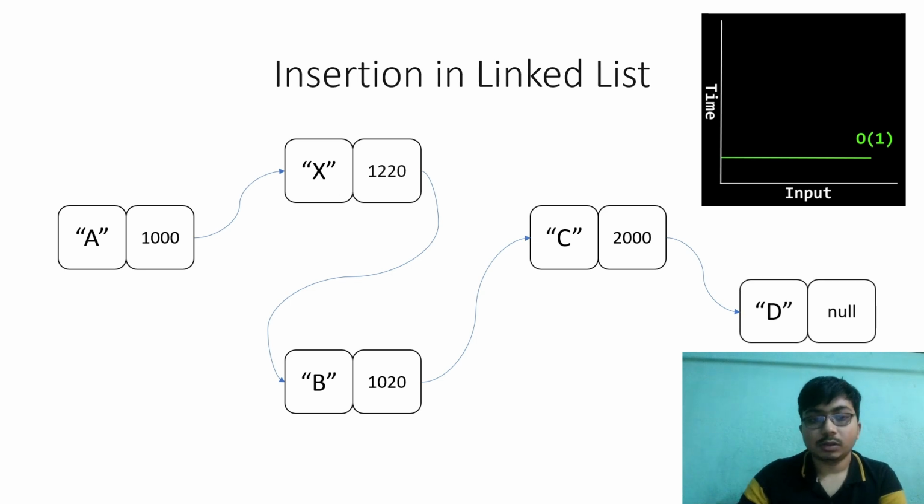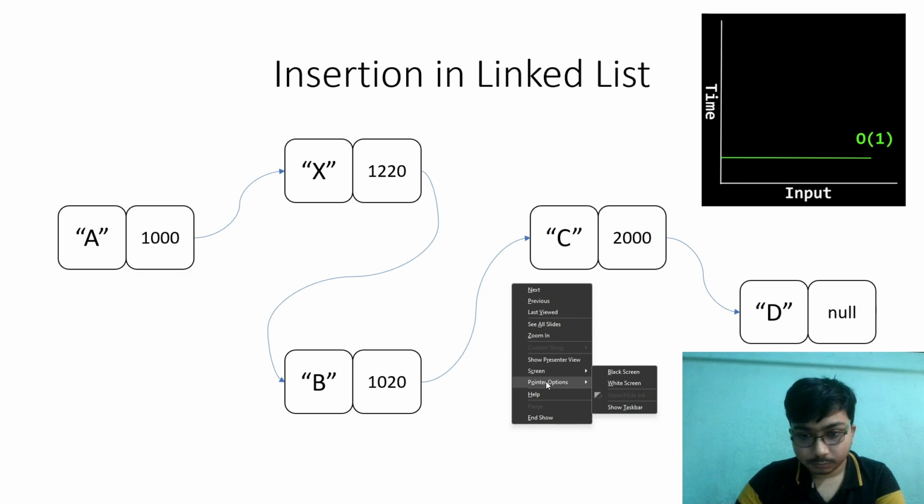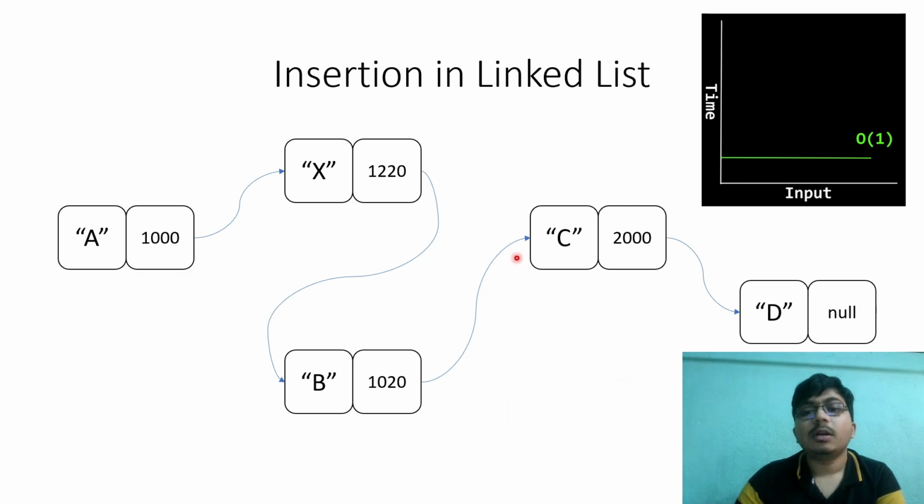Okay. So in a similar way, the deletion in a linked list is also very simple. Previously this B node was pointing towards this C node, and then this C node was pointing towards this D node.